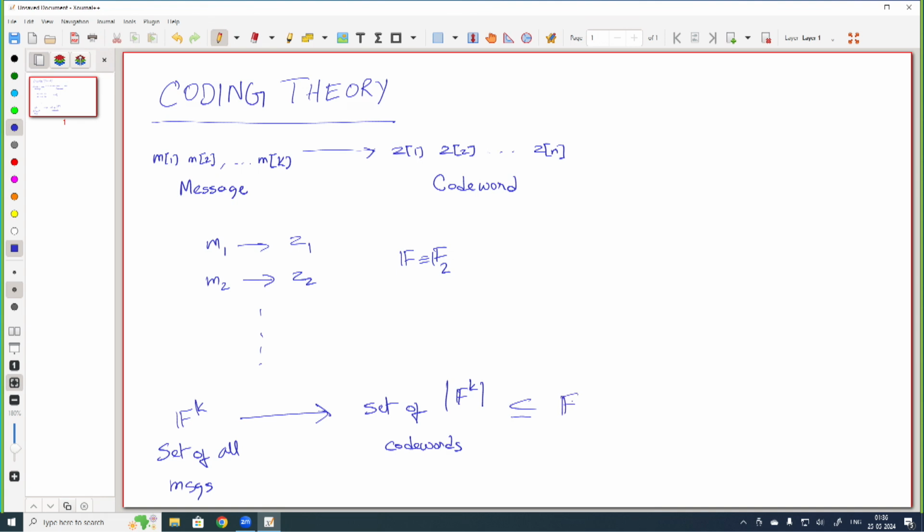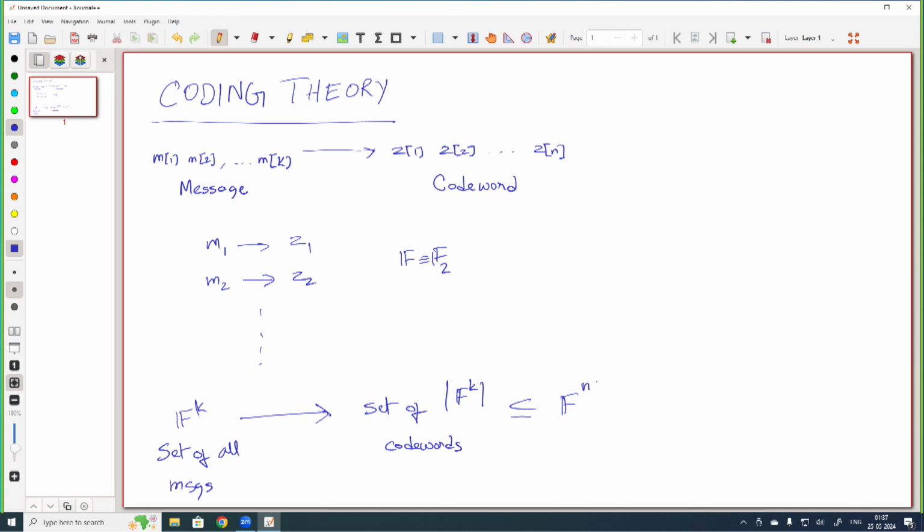They are a subset of, if I keep the same field, F raised to n, where n is the code word length. So, I am mapping each message to a code word of length n, right. So, I get a bunch of points in the space of all possible code words, or the vector space containing all the code words.